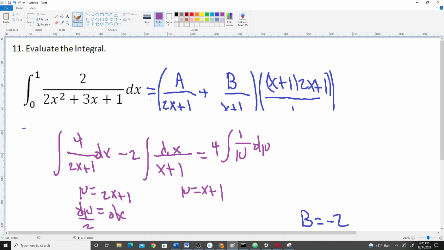When we plug that in, you get 4 over 2, and that'll be positive 2. And this 4 right here should actually be 2.